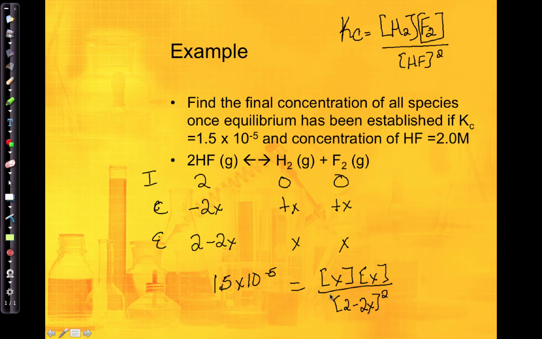Alright, so now at this point, I'm going to put it into ax squared plus bx plus c is equal to 0. Once I do that, I can figure out what x is and get all of my concentrations. So let's do that. Here's what I'm starting with.